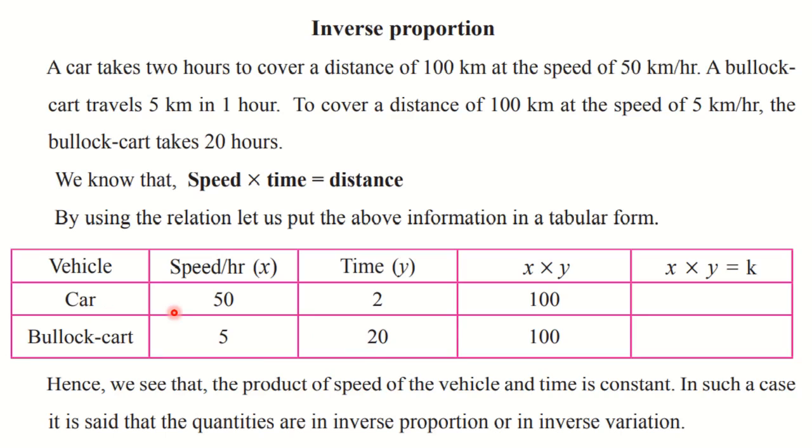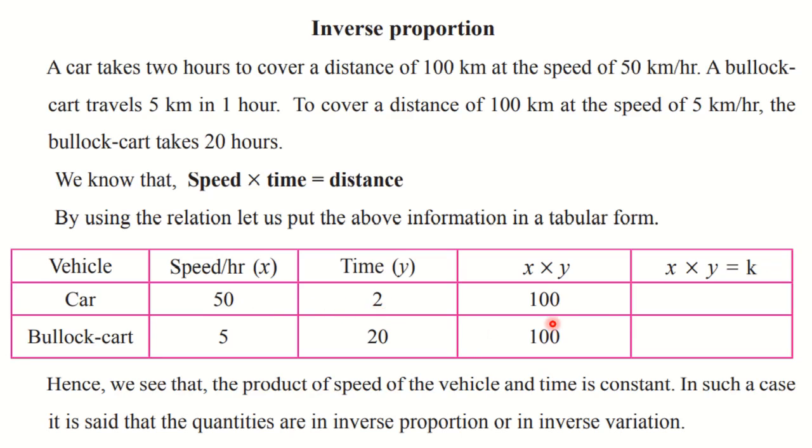Like you can see here, the speed is compared here. When the speed is more, you know that the time taken is less. Here a car and a bullock cart are compared. The speed of the car is 50 kilometers per hour and the time taken is 2 hours.